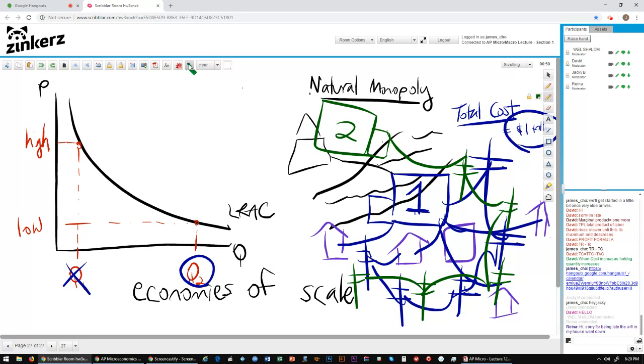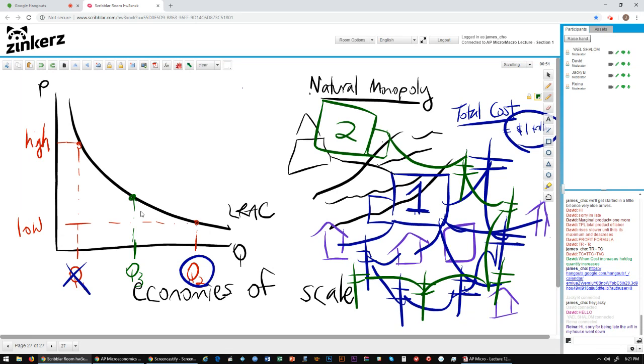But if they split the market in half, maybe the quantity is so low that the average total cost is really, really high. And maybe the average total cost is so high that they're not able to earn a profit. So the way this market works, it's only profitable for one company to gobble up the entire market.